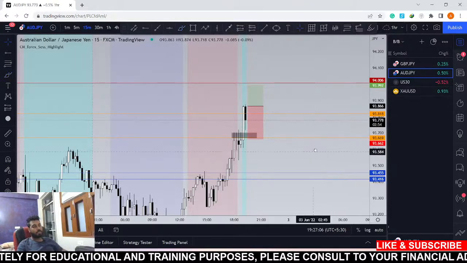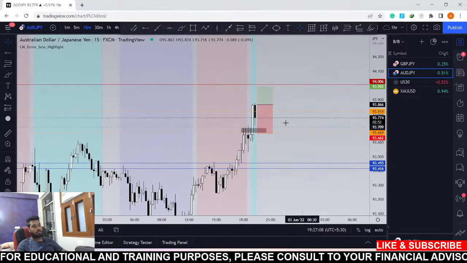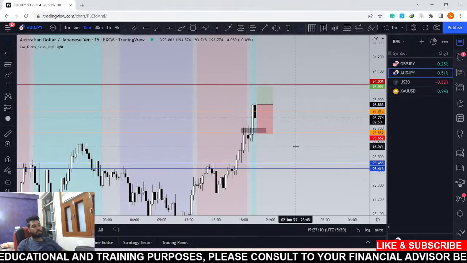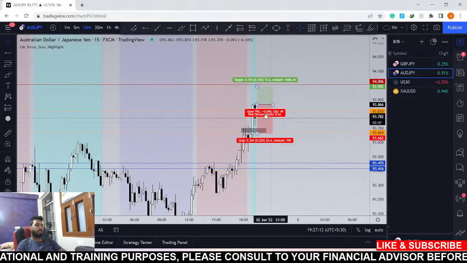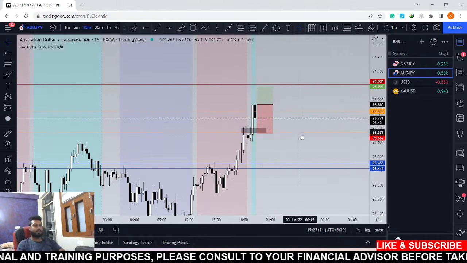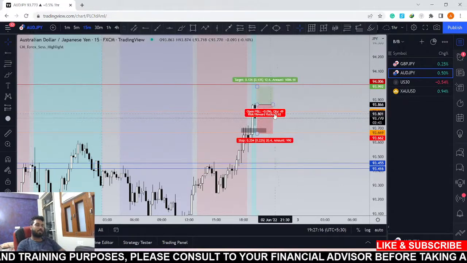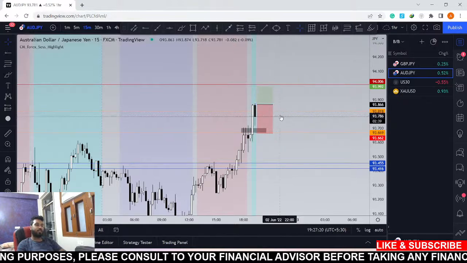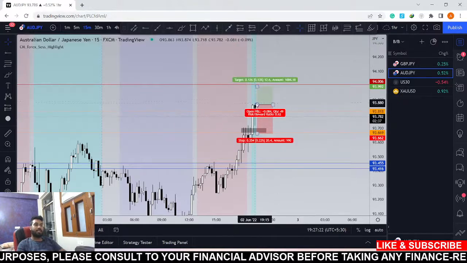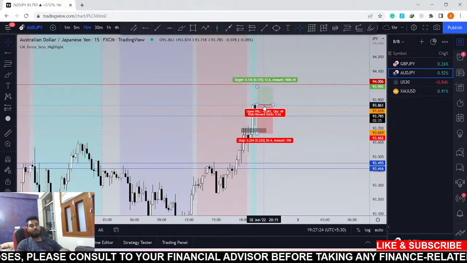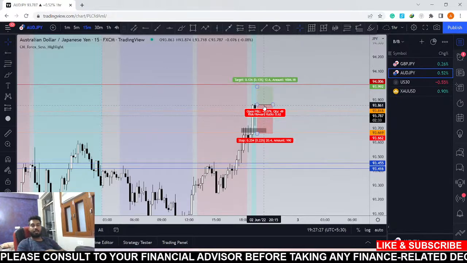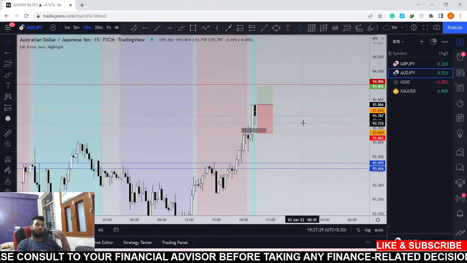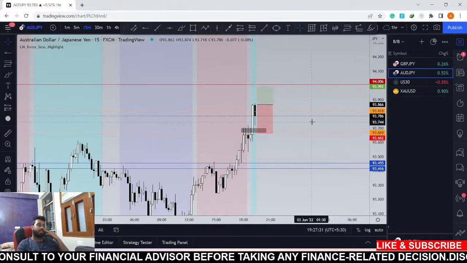Wait for the 15-minute candle to close. Once it closes, you can close this trade at just 0.5% loss. Because see how much I was making: 0.6% if this trade goes well. But if it does not work according to my plan, I will just close this entry.